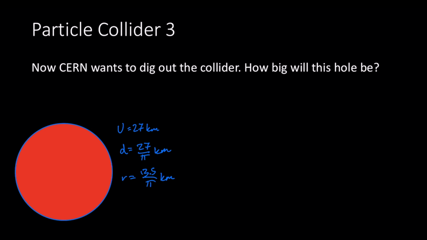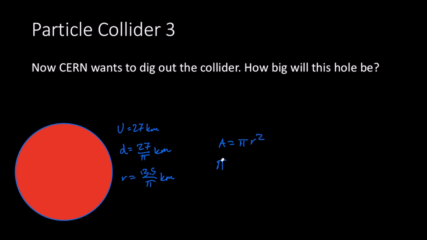We can calculate the area using any of these three things. The simplest one, I suppose, would be to use A equals pi r squared.